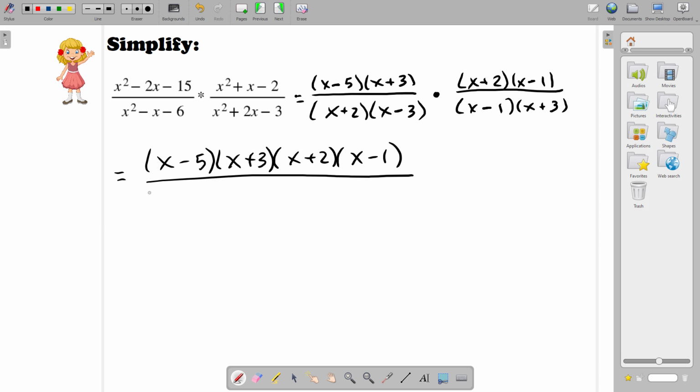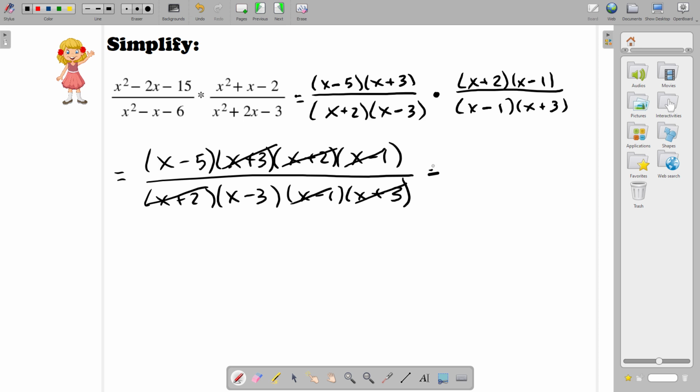And multiply everything together on the bottom. We do not need a common denominator when we are multiplying and dividing rational expressions. Now let's see if anything will divide out. The x plus 2's divide out. The x plus 3's divide out. The x minus 1's divide out.